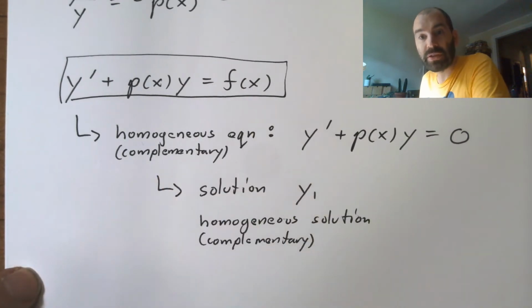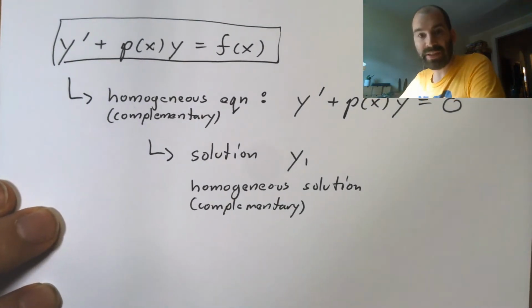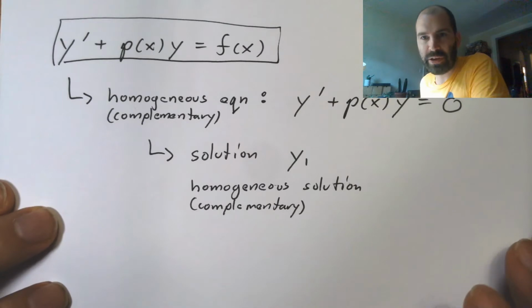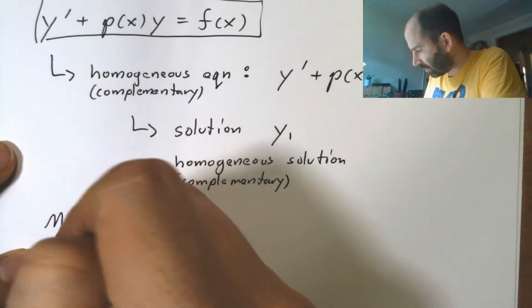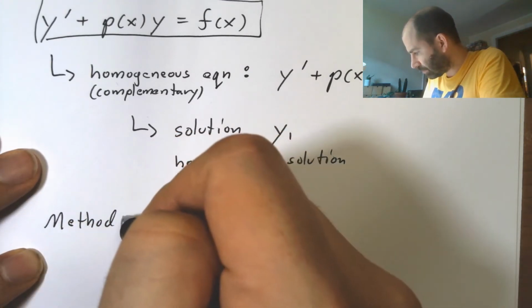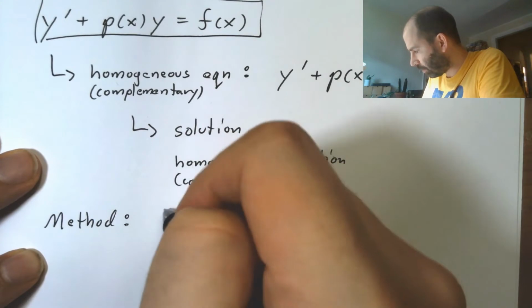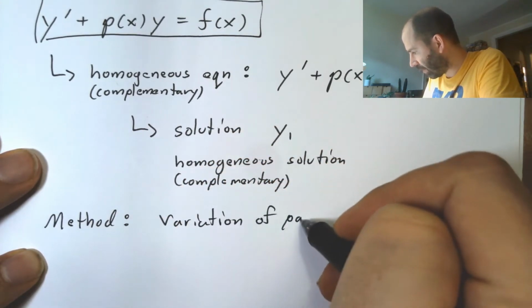Well, here's the trick. And the trick is actually called variation of parameters. And that's something we're going to talk about in more detail in a later chapter. So it's not so important that we know that that's what it's called right now. But the method we're using is called variation of parameters.